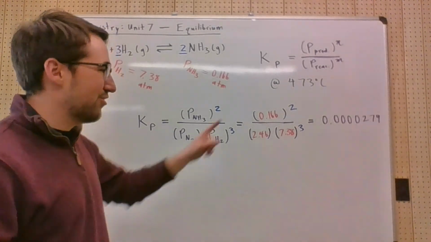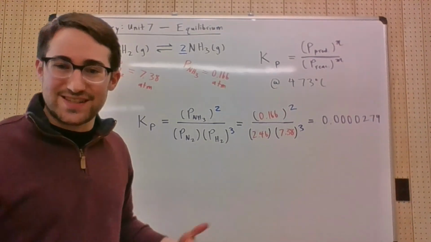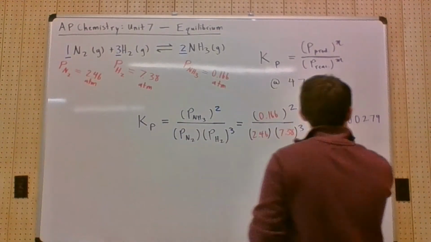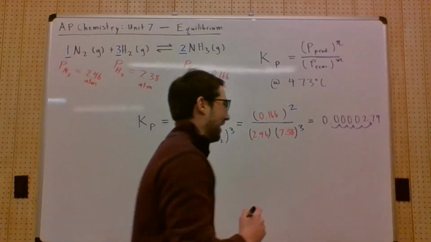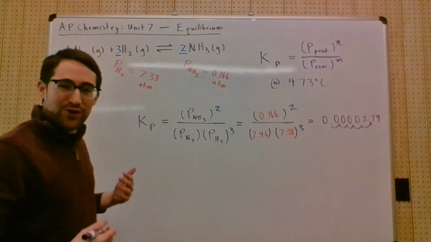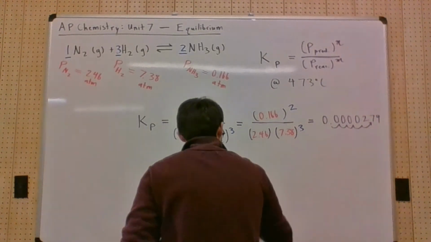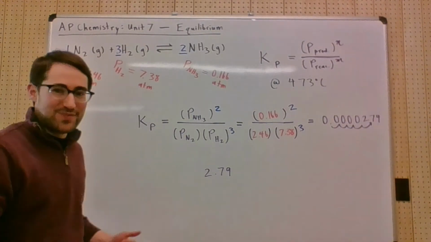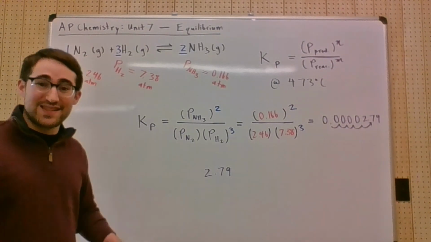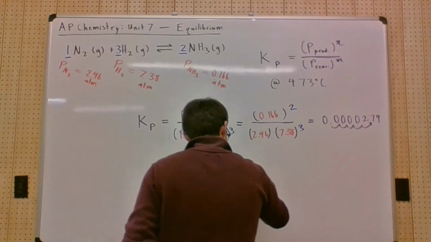I want to move my decimal point to be right after the first actual number that's not a 0. Okay, so this is going to be 2.79. All right, I still want it to be the same value, so I need to multiply it by 10 to the something to put the decimal point back where it belongs.